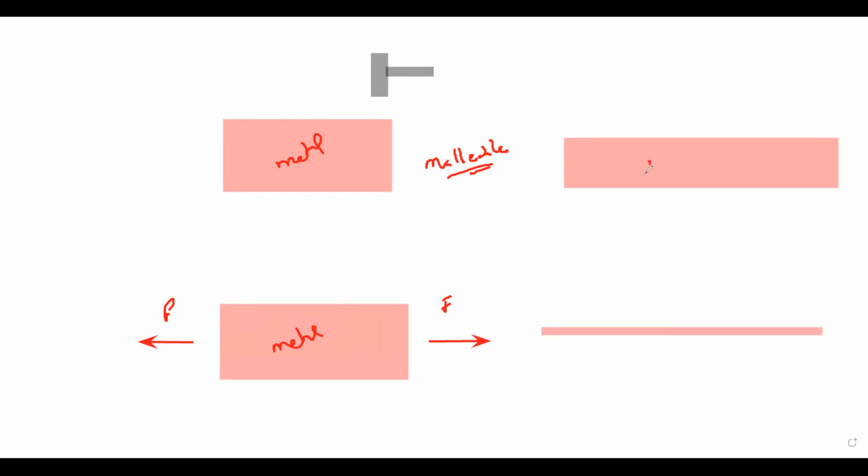So if you are hammering and making a sheet, we call it malleable. But if you are stretching and making a wire, we call that ductile. So that is the small difference between malleable and ductile. Ductile means stretch into wire, malleable means hammer into sheet.